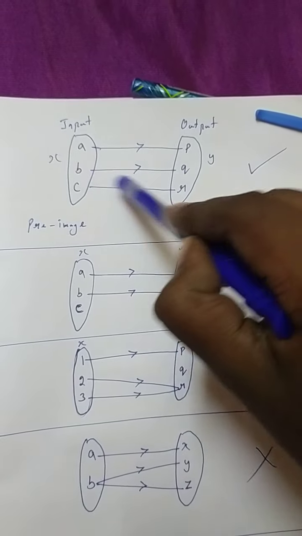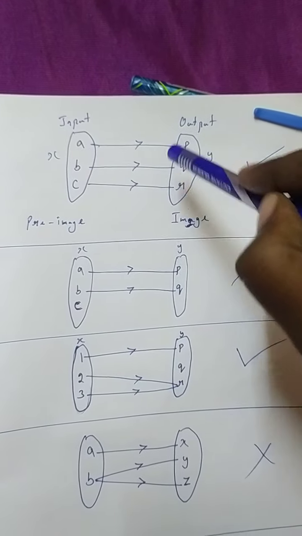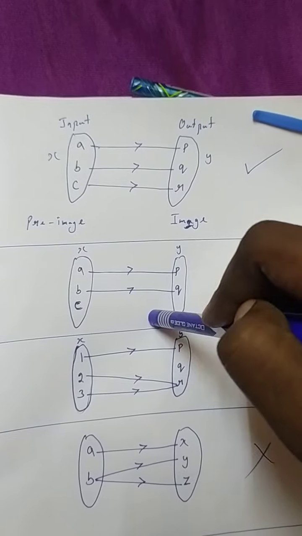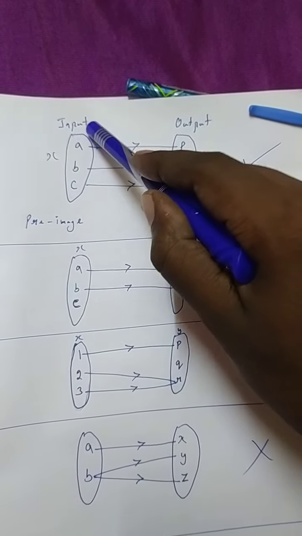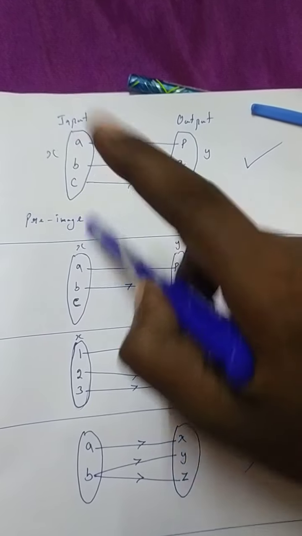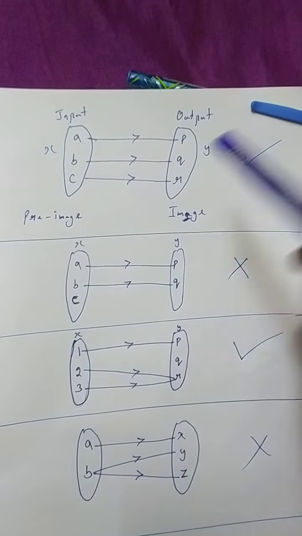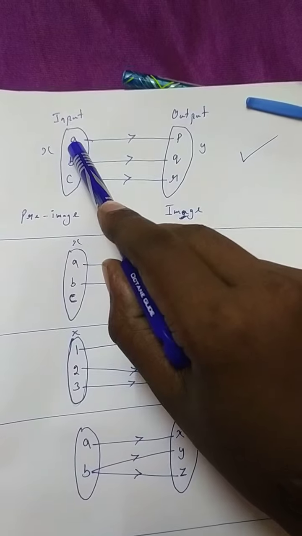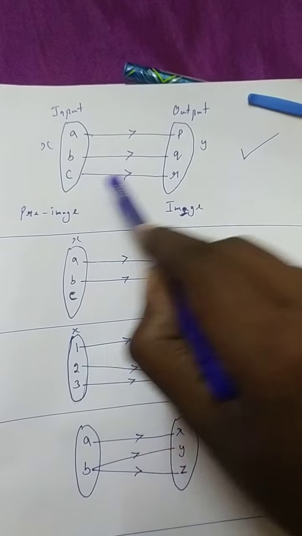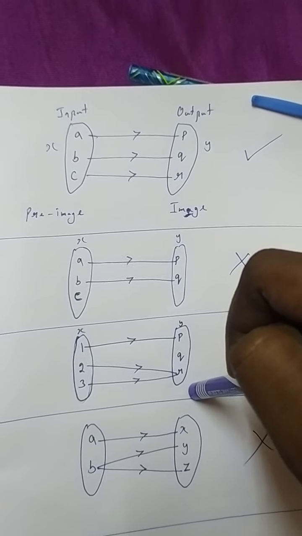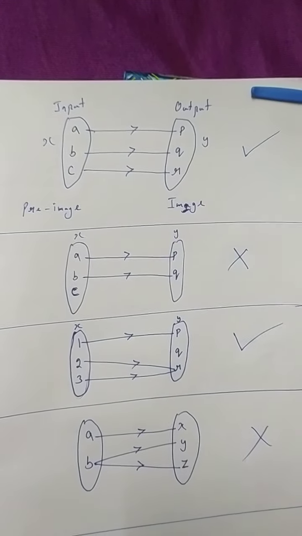Yes, here all the elements have an image. The second condition is that it should be unique. Unique means the elements in the domain must have only one image. Now if you check, A has only one image, B only one image, C only one image. Therefore it is a function.